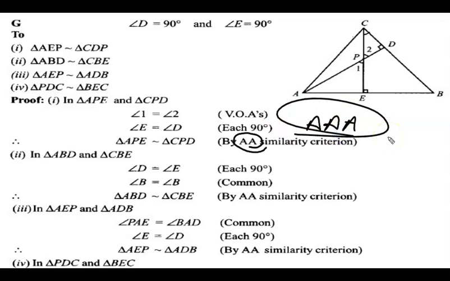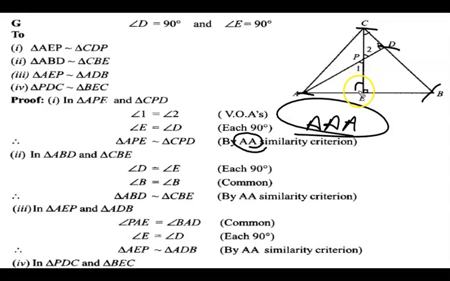We move to our next part, in triangle ABD. So this is A, B and D, and CBE, this is C, B and E. When you take these two triangles, in ABD this is 90, and here this is 90. So angle D is equal to angle E, 90.